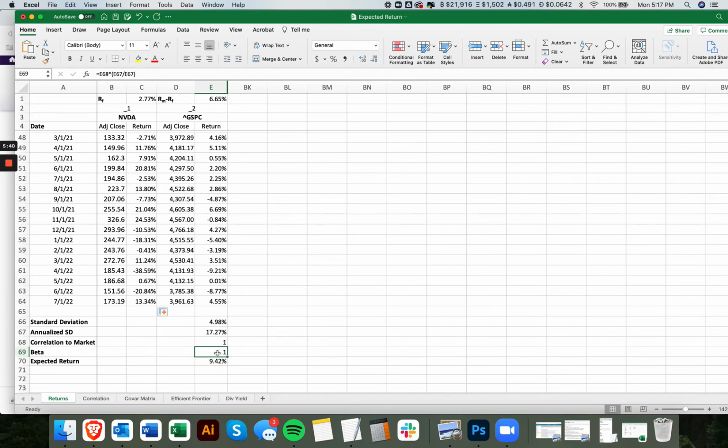It just means that for every percentage increase or decrease in the market, a stock with a beta of, let's say, 1.2 is going to see a 1.2% increase for every 1% increase in the market. It just gives an idea of that stock's sensitivity to market risk, which is risk that can't be completely mitigated.